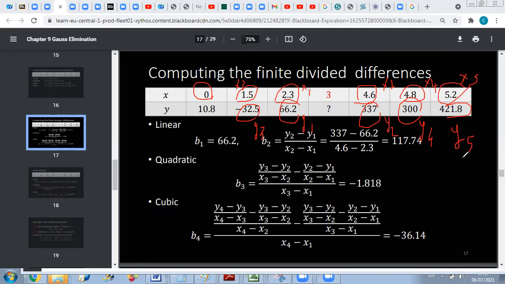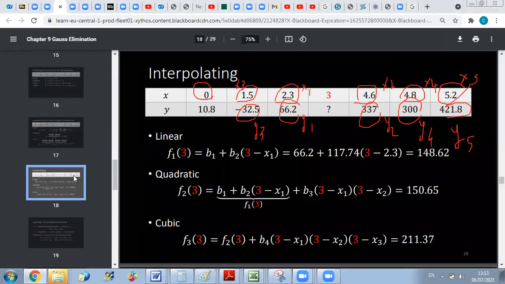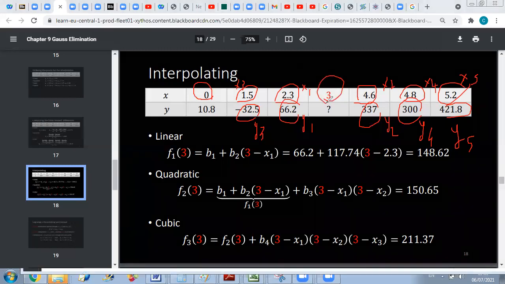So I just have to replace in my expressions so I can get the values I obtained in the linear, quadratic, cubic interpolation. And all I have to do then, once I find B1, B2, B3, B4, to find the corresponding interpolation at this point is to replace x by its value, which is 3. So for the linear, f of x is B1 plus B2 times x minus x1.